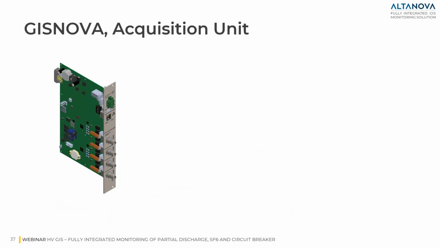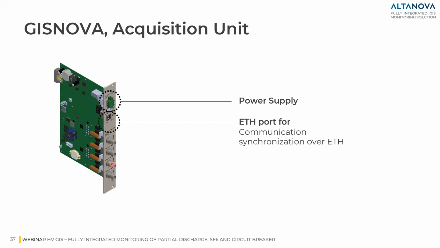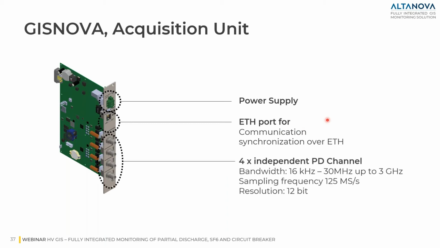About the acquisition unit, as you can see here, it is composed of wide bandwidth electronic boards with a power supply connector, with an Ethernet port for communication and synchronization over Ethernet, and in this model up to 4 independent partial discharge channels with a bandwidth that starts from 16 kilohertz as a standard to 30 megahertz, and with the frequency shifter we can reach frequencies up to 3 gigahertz.